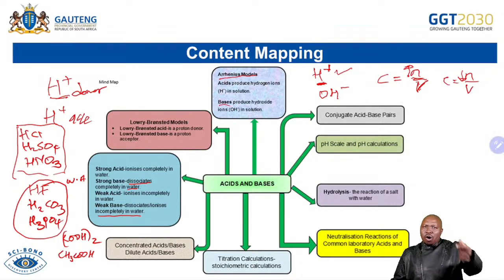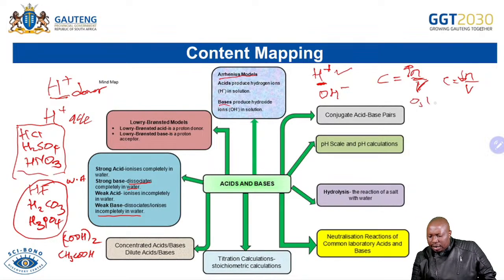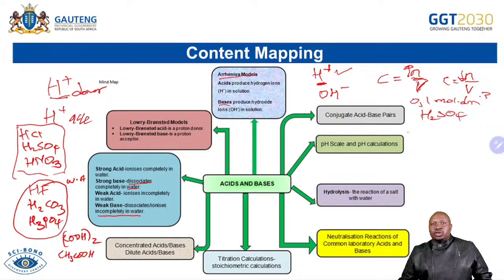Remember, I said when you pour water, it doesn't mean that it becomes weak. A strong acid remains a strong acid irrespective of the amount of water that is added to it. So it's very important. I've seen another question that gave learners 0.1 moles per cubic decimeter of sulfuric acid, and the question was, is this acid strong or weak?